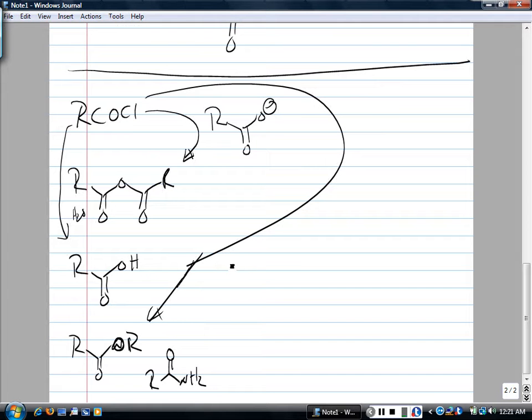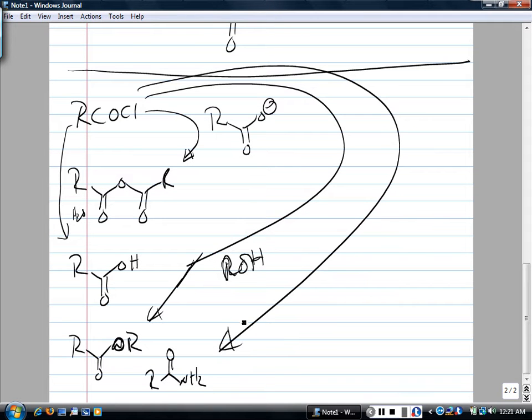Right? So with an alcohol, I get the ester. And if I treat the acid halide with ammonia or an amine, I would get the amide as my product. So I can convert the higher homolog into any of the lower ones.